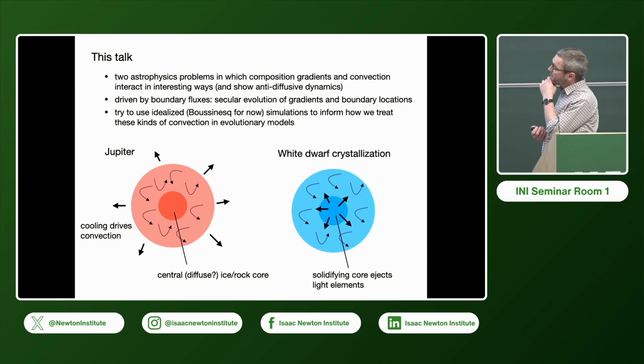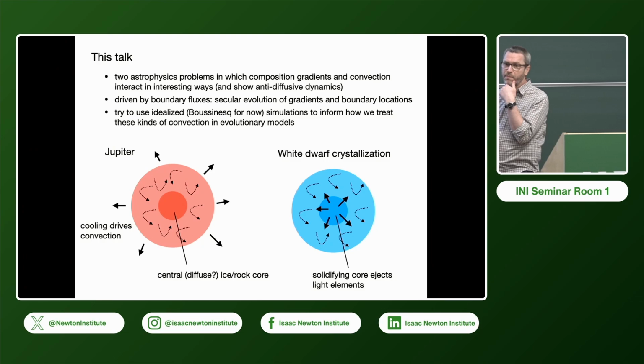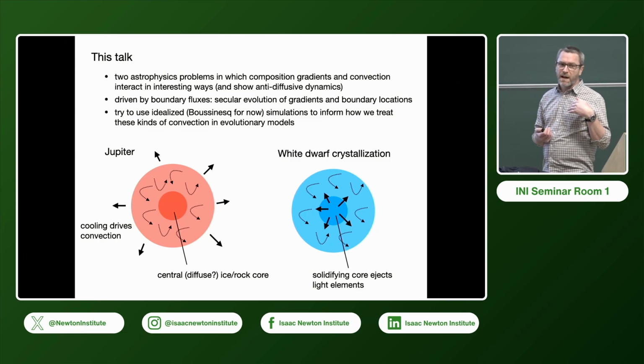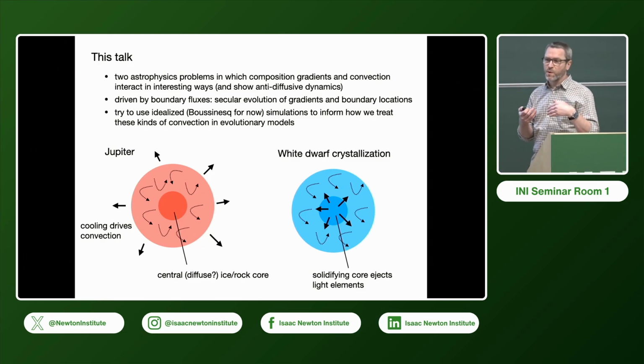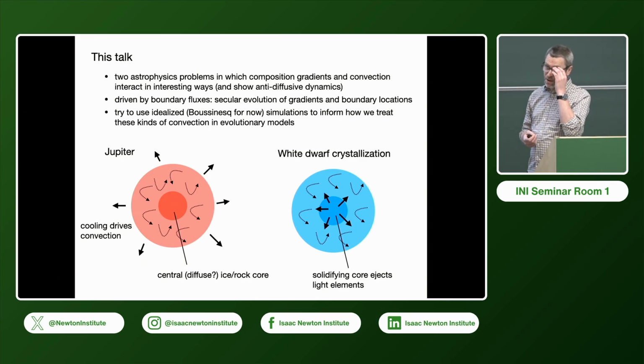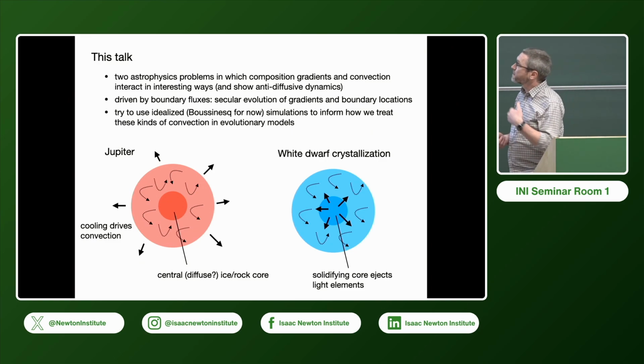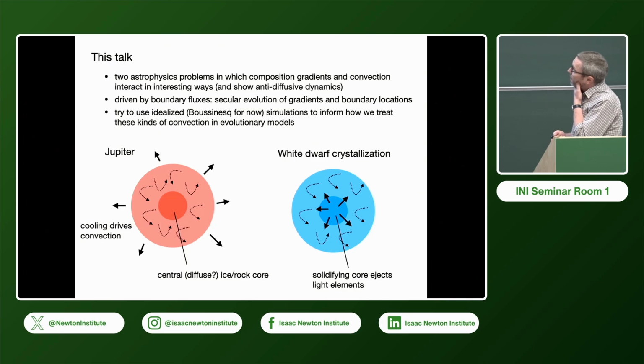The other aspect is that they're problems that are driven by boundary fluxes. We want to evolve these objects over gigayears in time, and over that time scale, these boundaries move and the boundary fluxes change with time. So there's a secular evolution aspect of these problems as well.